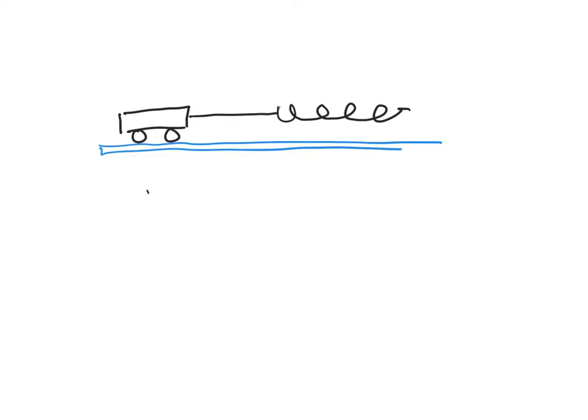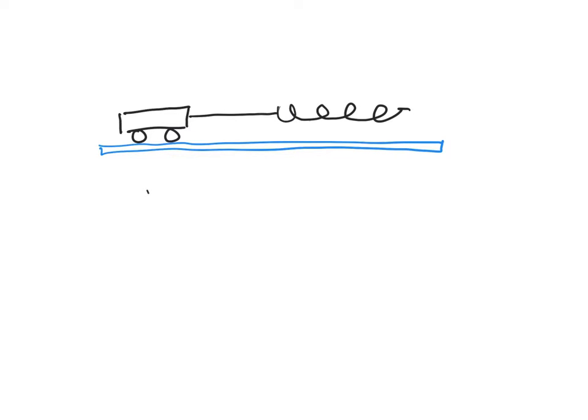So we had our cart, we had our string, we had our spring, and we had our hand. And actually, you know what? Let's stretch our spring. So we had it stretched out here. And then we had our track.